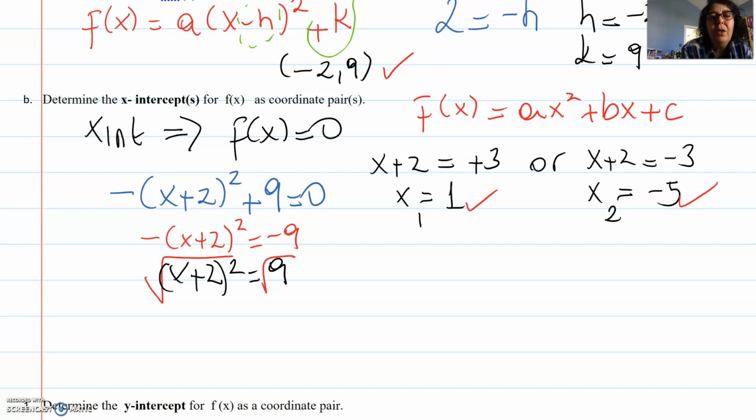Way 2, you can take that function, open it up, write it in standard form, and then find the roots. Then what we're going to do, rewrite.